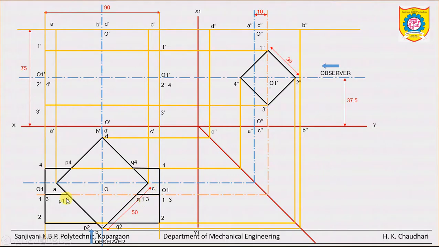And in between, that means P4 to Q4, the edges are there, but they are hidden. Here is the hidden edge P2 to Q2 also. Now see, to complete the front view, let us take the projection from point P1, which is common for P3 also.